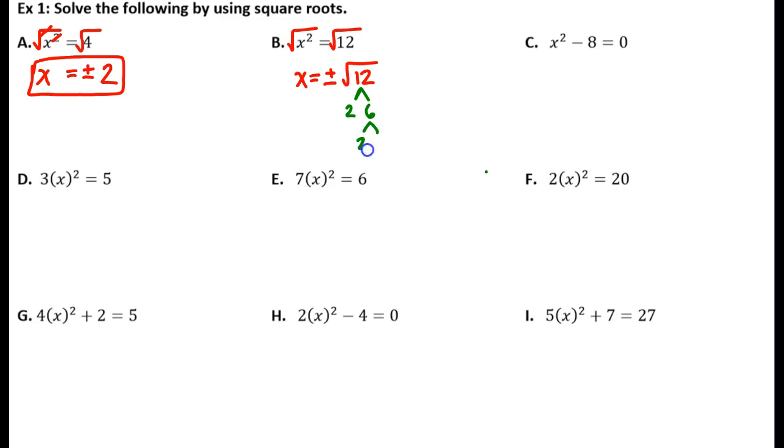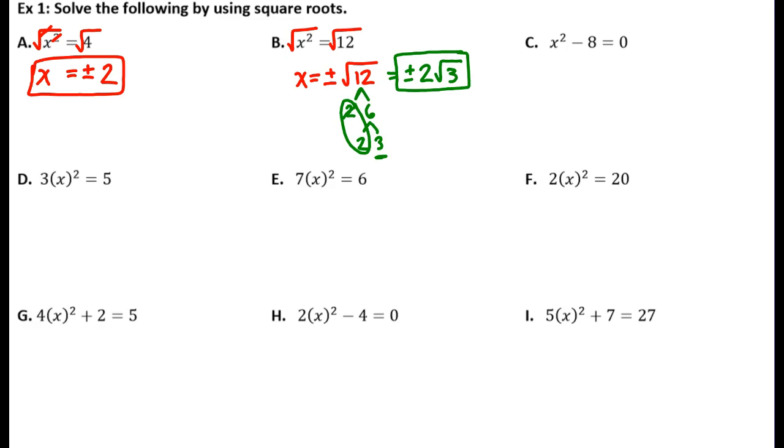Factor tree 6, 2 times 3. Circle my pairs. Cross one out. 2 would then go on the outside of the radical. So this is plus or minus 2 on the outside. This 3 did not have a pair, so it goes back on the inside. So my final answer is plus or minus 2 root 3.